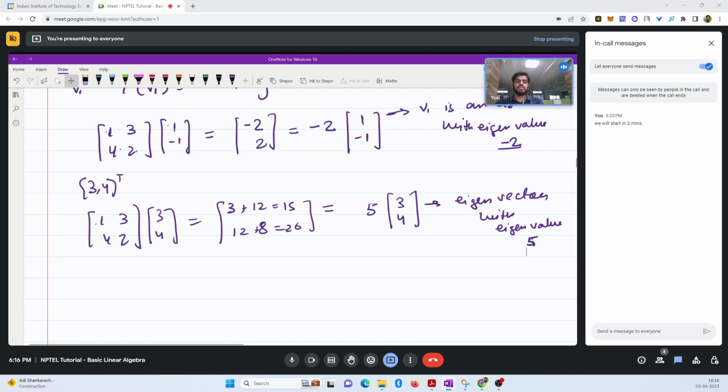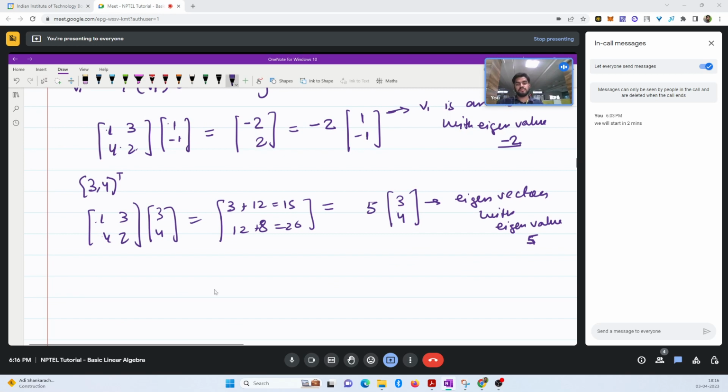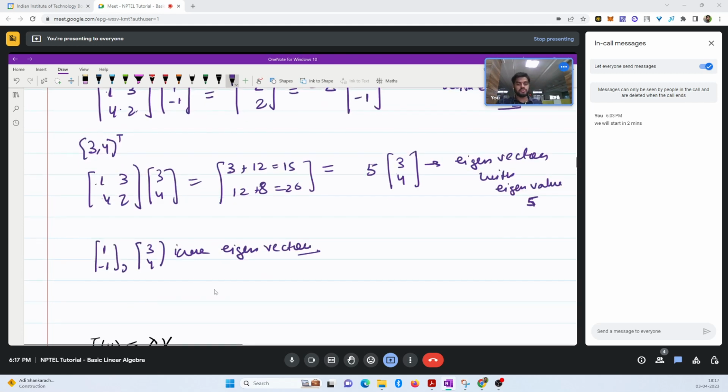So one more thing, you know now that 1 comma minus 1 and 3 comma 4 are eigenvectors, right? Then one thing that you should know is that if you take this set beta as your basis, and you form the matrix representation for this particular transformation, then that would be a diagonal matrix.